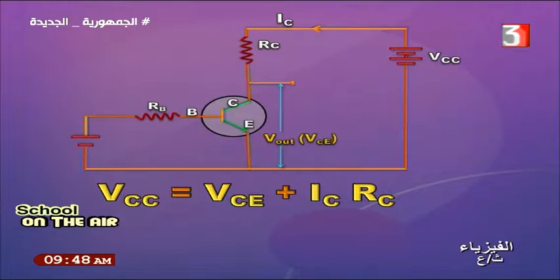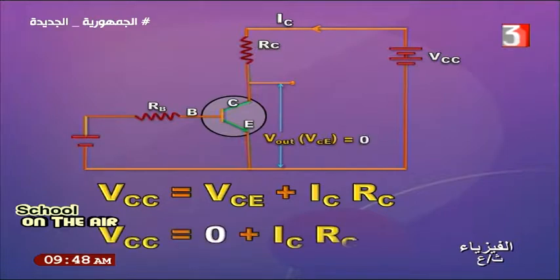Now if we add a cell, a current is drawn through the base. A current flows through the base, and a much greater current flows through the collector. So IC increases, the product of IC RC increases, and this means VCE should decrease almost to be equal to 0.